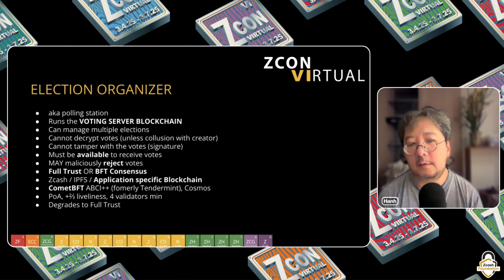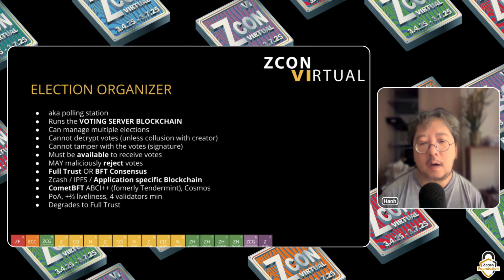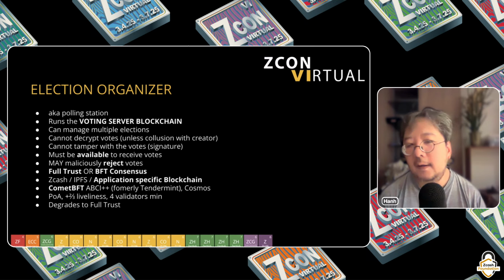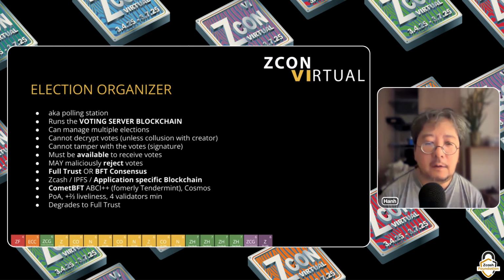That's the full trust model. But if the election is too big to take that risk, what we want to have is multiple validators, so multiple voting servers, who are all validating the ballots that are incoming.